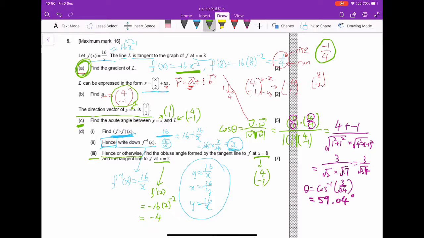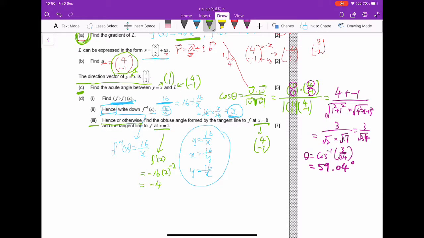So that's -4. That would imply that my direction vector, since -4 means the gradient is -4 over 1, so again, rise over run, means my direction vector would be (1, -4), okay? Because run is for x and rise for y.